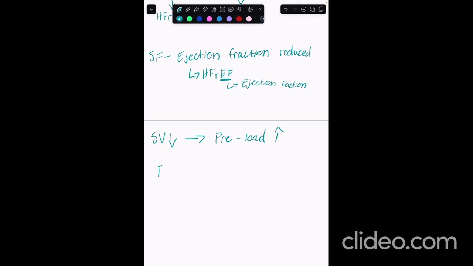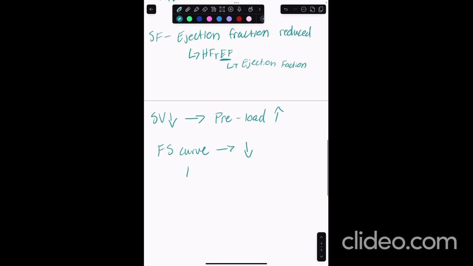The Frank-Starling curve is now having a downward shift, which means the heart is becoming exhausted. The sarcomeres within the heart, the muscles and all the fibers, are stretched to their limit, and the heart cannot take any more.